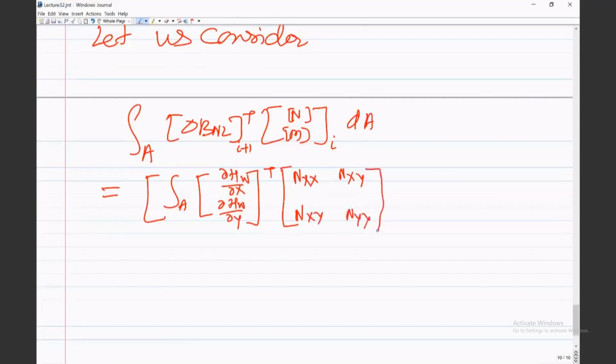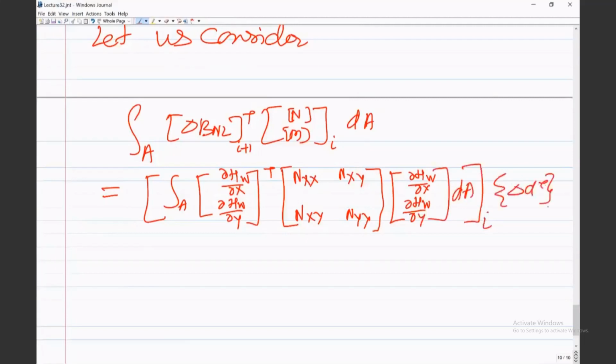These are the N components. M will not come, as I already said, because the last three rows of delta BNL are actually null rows. Then del HW by del X, del HW by del Y, dA. So this is your Kg matrix, which is evaluated at the previous iteration, into delta dE I plus 1. This is how you can write this term.